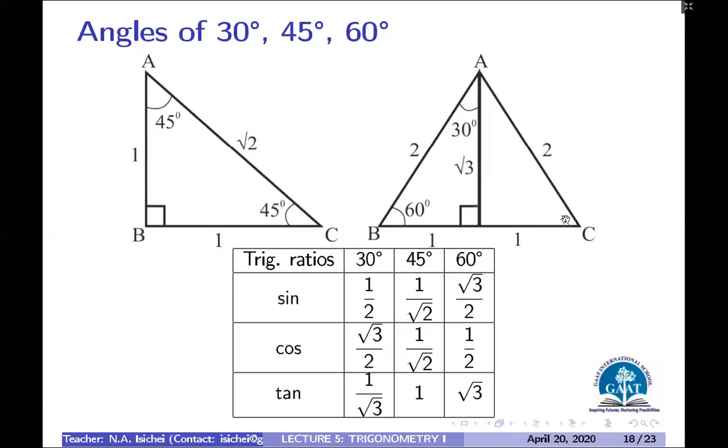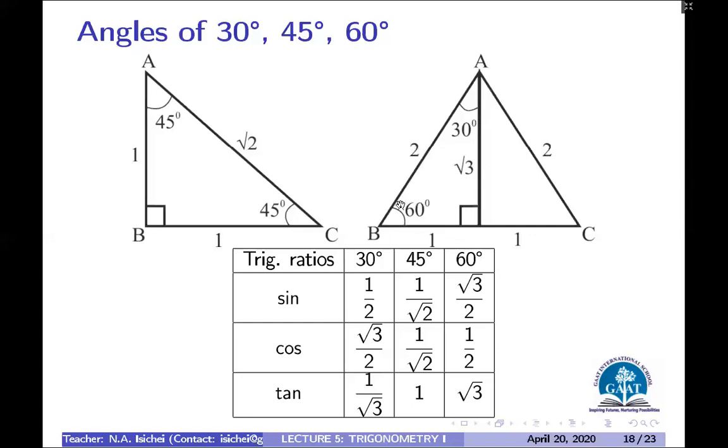Each side of the equilateral triangle is 2 units. So introducing the altitude of the triangle, we discover that it bisects the base BC into 2 equal parts, 1 and 1.